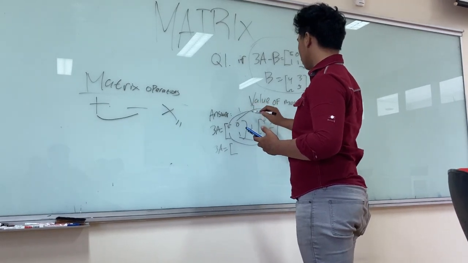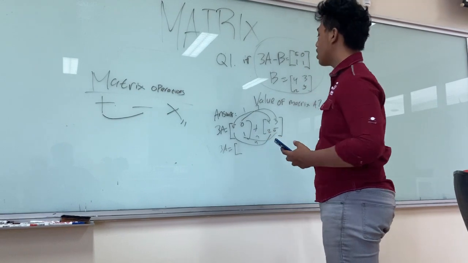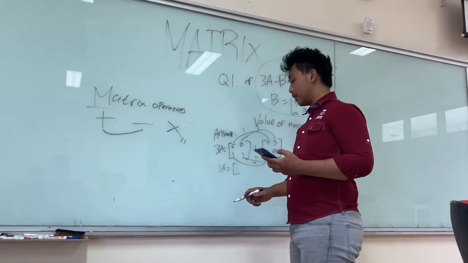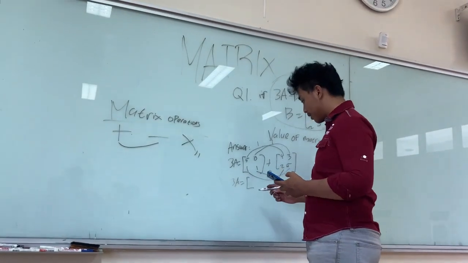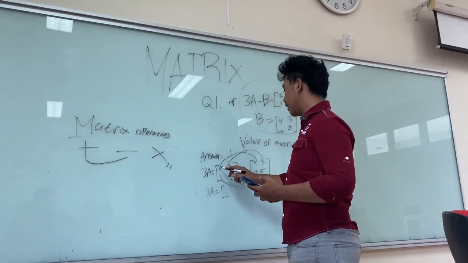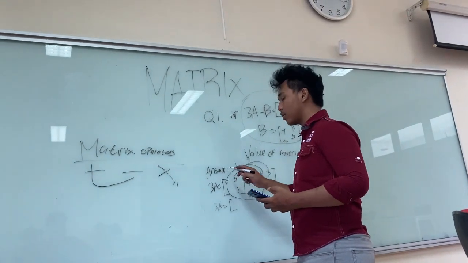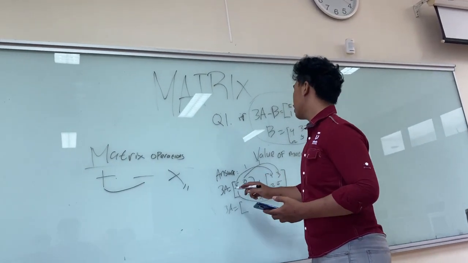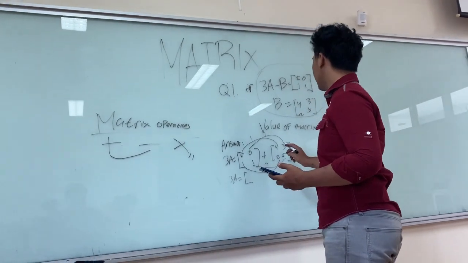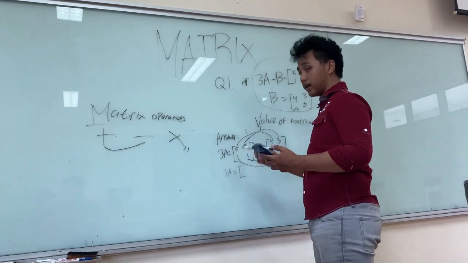So it's 1, 2, 3, 4. If it's only an addition equation, it's very simple because you just need to add the first row and column to the first row and column, and the second column first row to the second column first row, and so on.